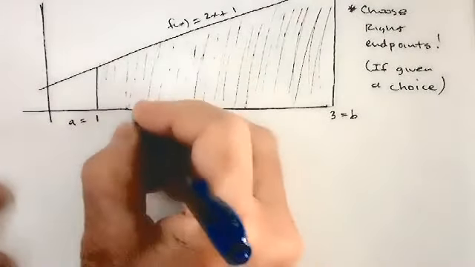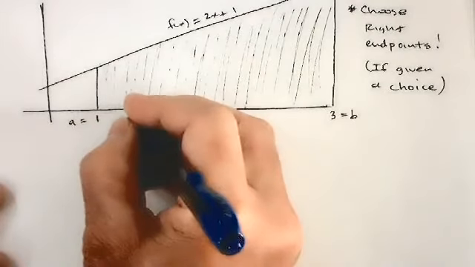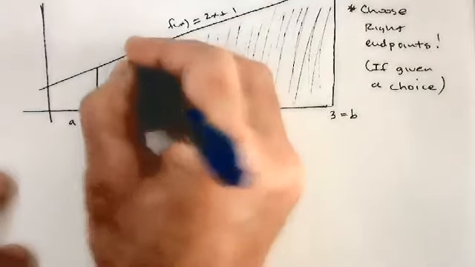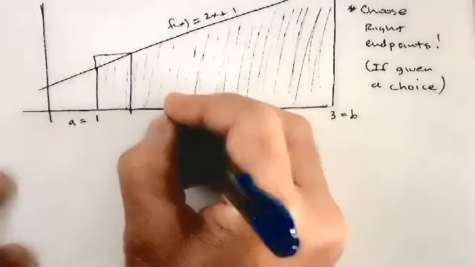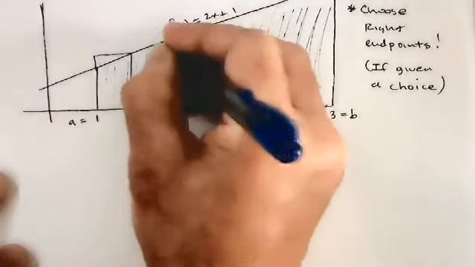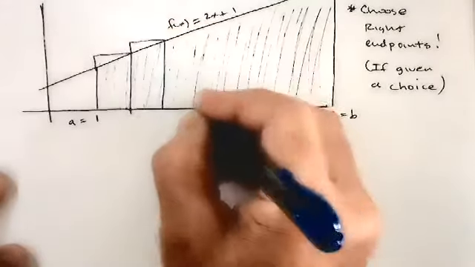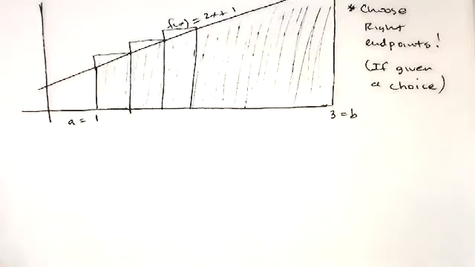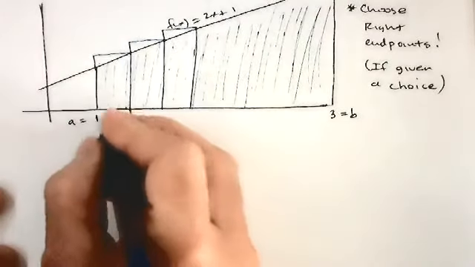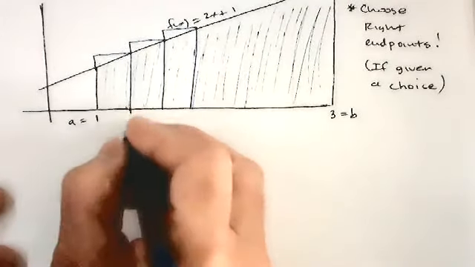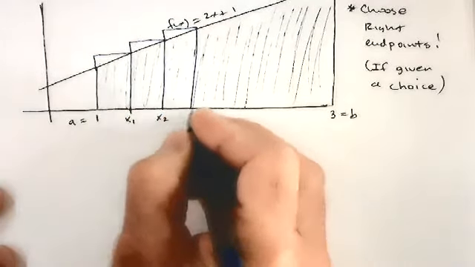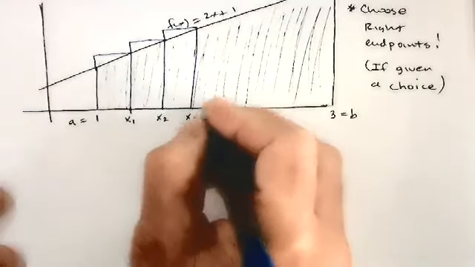So I'm going to give these rectangles some legitimate looking width, but then we're going to imagine that we're taking the limit as n goes to infinity, so they're actually getting infinitely small. So let's draw some rectangles in using right-hand endpoints. And remember how it works. That very first number I would have chosen here would be x sub 1, this would be x sub 2, this would be x sub 3, and so forth.